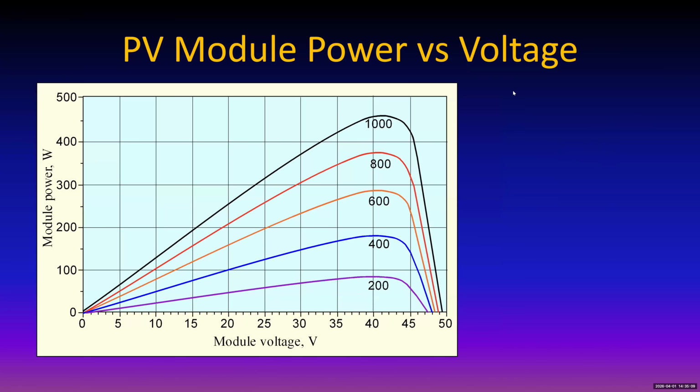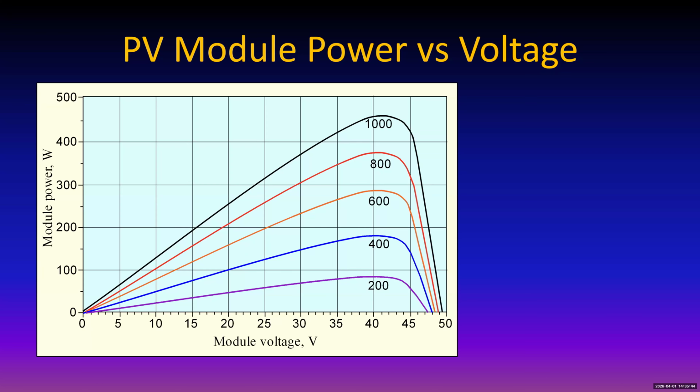All right, if we plot power versus voltage, you can see much more clearly that the power increases up to a maximum. Now this is not 1,000 watts. The module power there is about 450, but the 1,000, 800, 600, 400, 200 is the number of watts per square meter of sunlight intensity that's shining on the module.